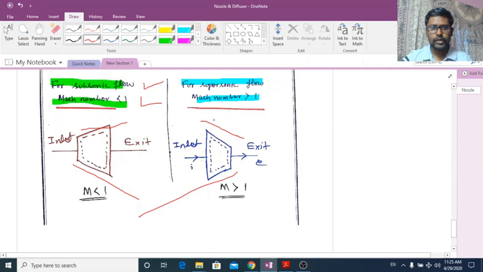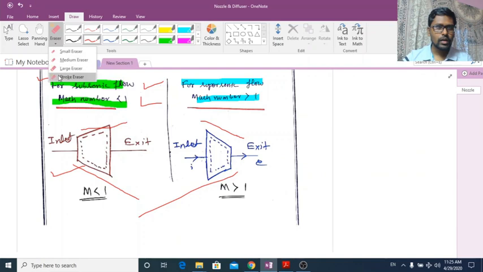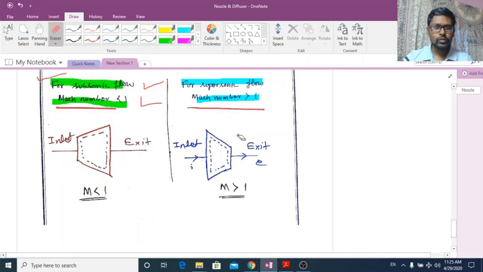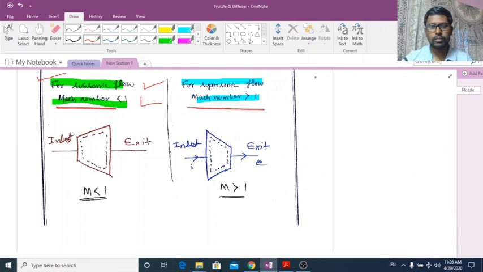Okay. So if the flow is a subsonic flow, then for a diffuser, flow area will increase along the direction of flow. What is shown here? If the flow is a supersonic flow, or Mach number greater than 1, then the flow area will decrease along the direction of flow.